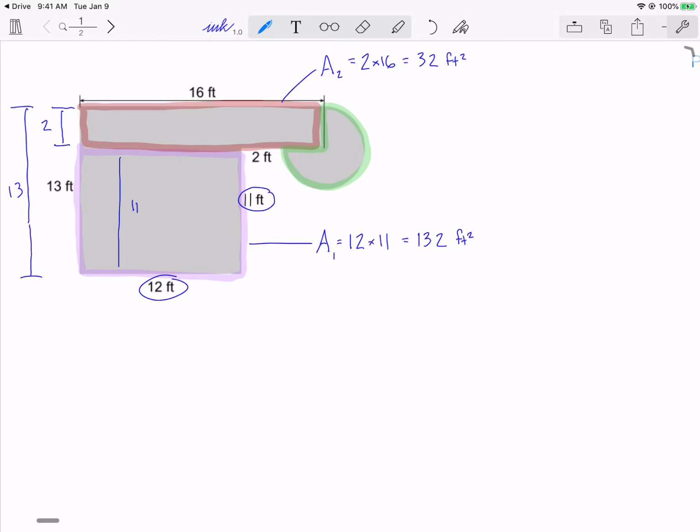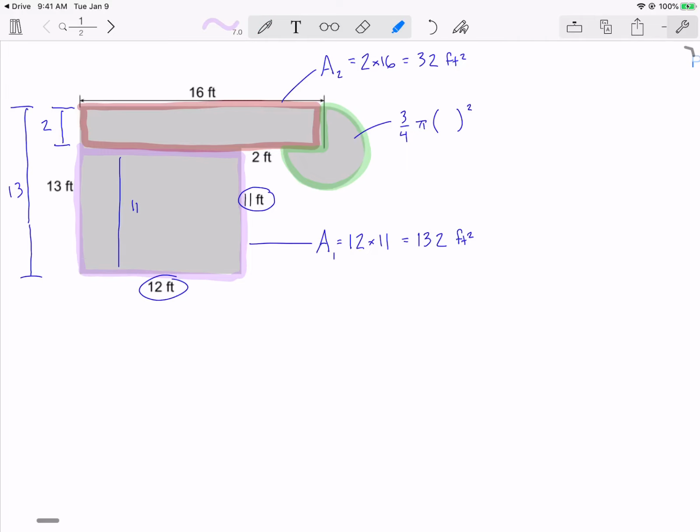And then I've got this 3/4 of a circle to work with. So I know that the area is going to be equal to 3/4 pi r squared. Now I've got to figure out what my radius is. So I notice this entire length from the left end to the right end of the red rectangle is 16.